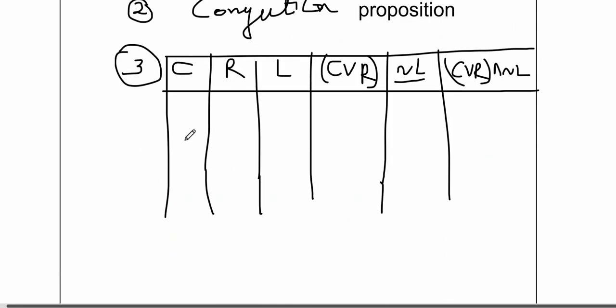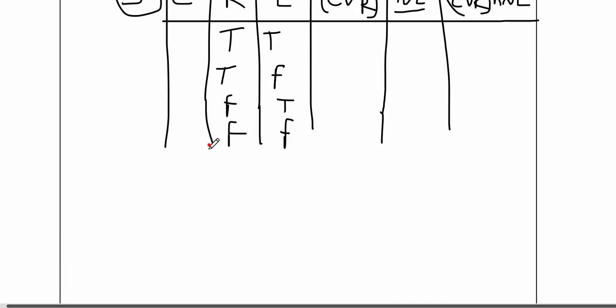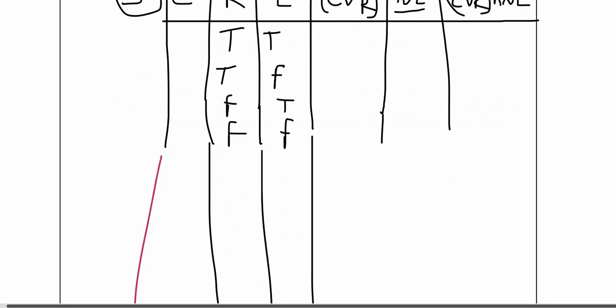Alright, so how do we do that? First, as I mentioned, we start with the 3 constants. So we write true, true, true, false, false, true, false, false. Then we continue again: true, true, true, false, false, true, false, false.